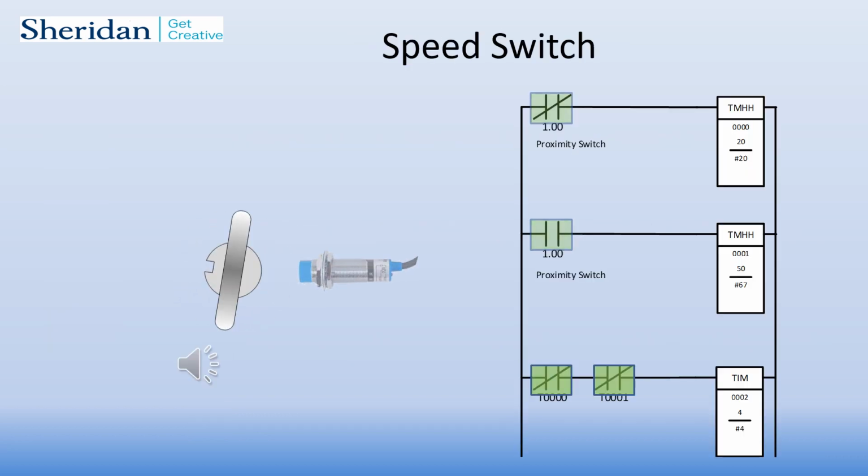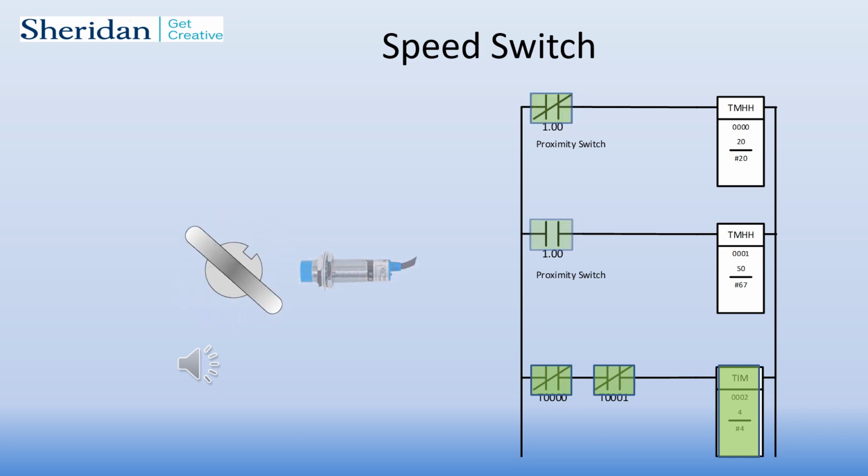Shown here is a double striker on a shaft. As the shaft rotates, every time the striker comes in front of the proximity switch, it reads that striker and closes. As soon as the striker moves away from the proximity switch, it opens. So what we have is a contact that is opening and closing continuously as the shaft is rotating.